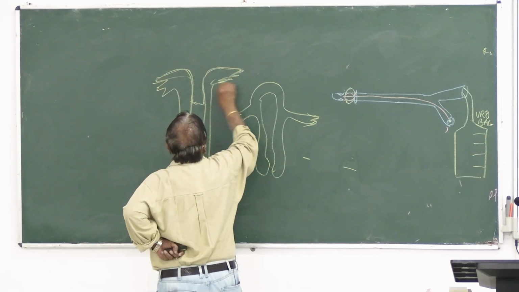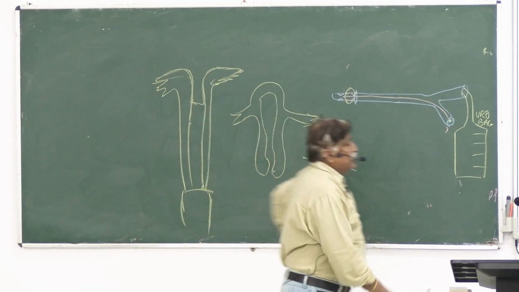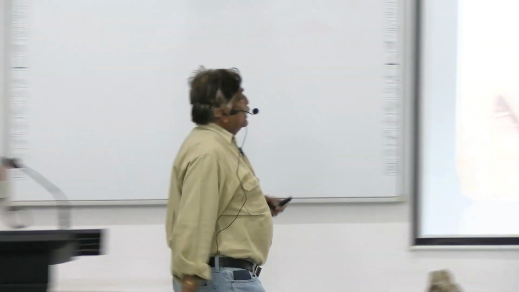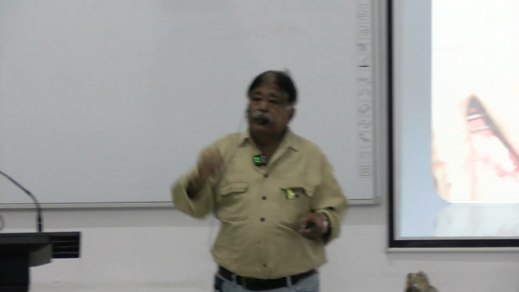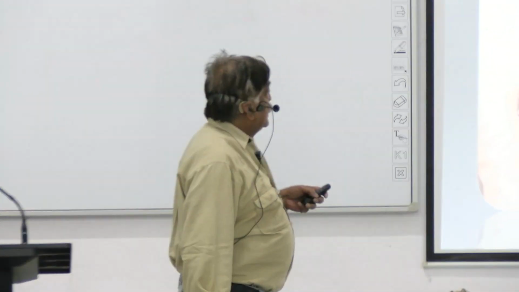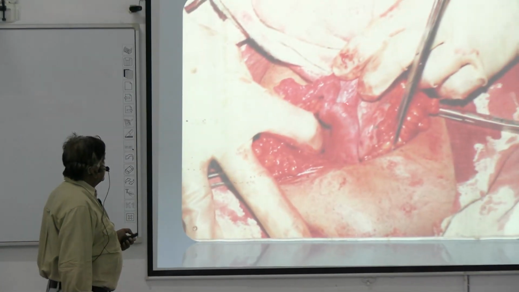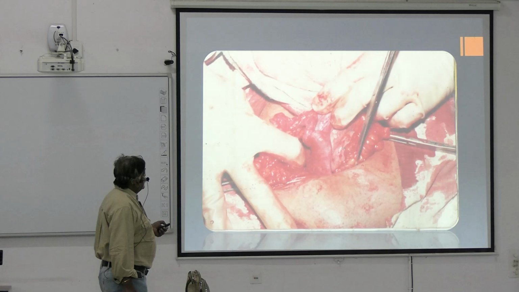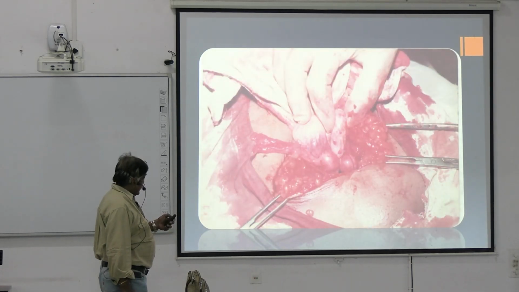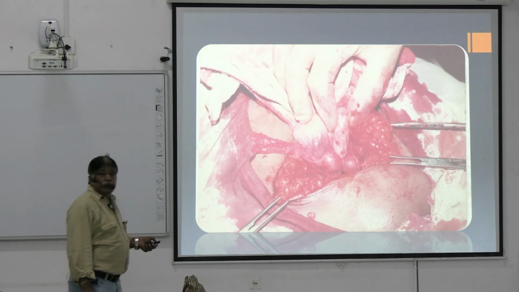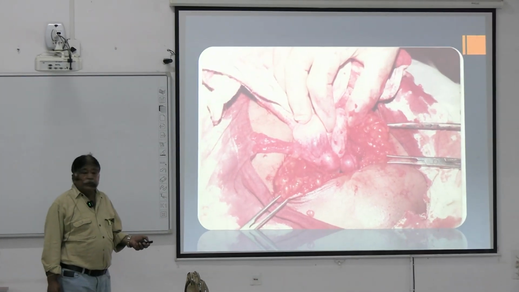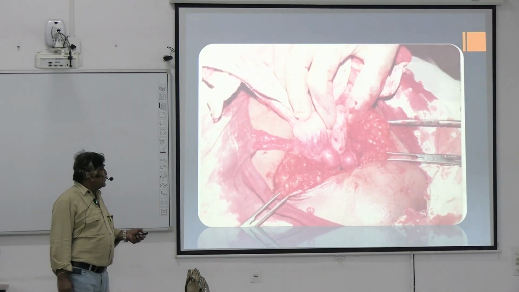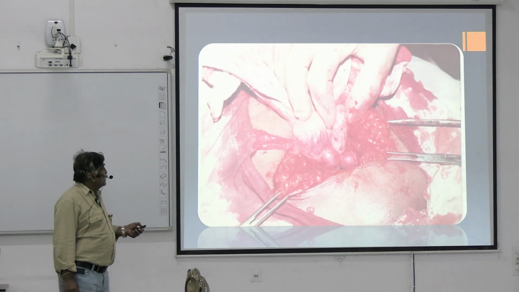Now I'll just show you. This is Rokitansky syndrome, and you see this is the Mullerian duct, the fallopian tube. Now next picture. See the future fundus of the uterus from the two Mullerian ducts here, one, and two ovaries are here.